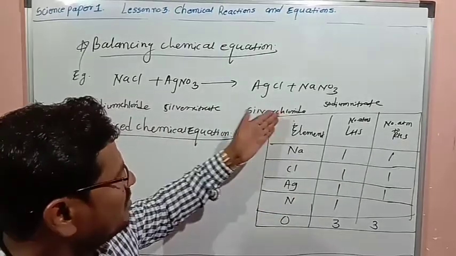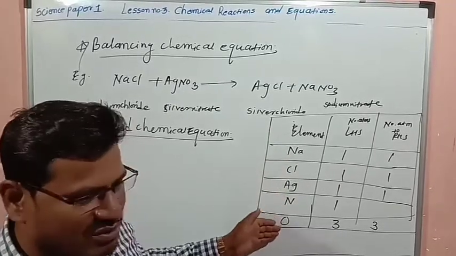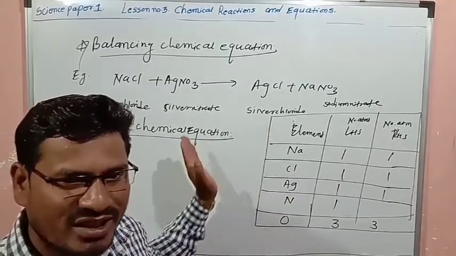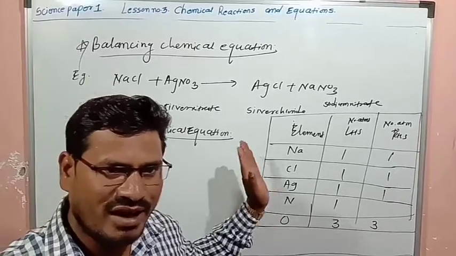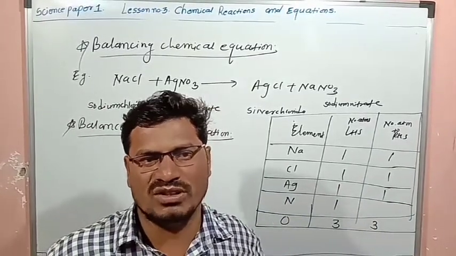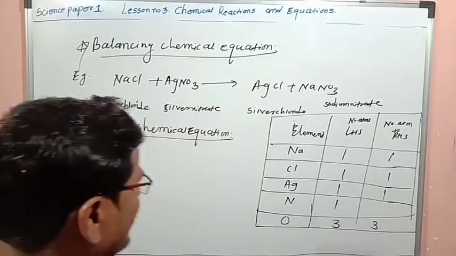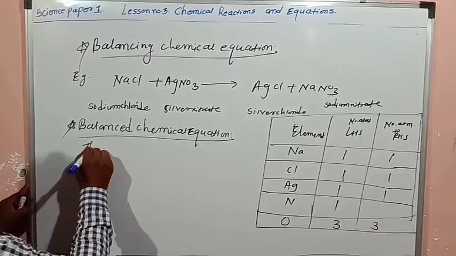Suppose the number of atoms of each element, sodium, chlorine, silver, nitrogen, oxygen, to the LHS are equal to those to the RHS, then such a chemical equation is called a balanced chemical equation.